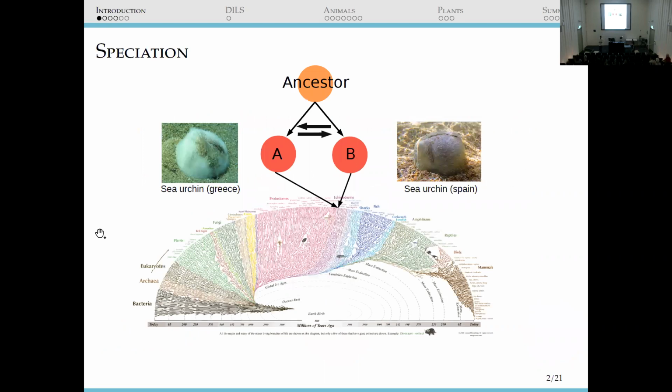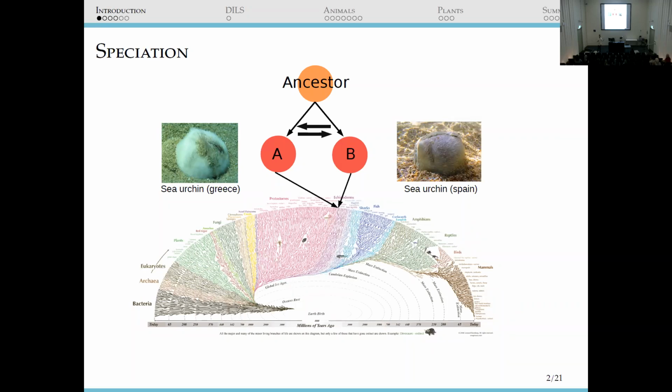I will not do a big introduction about speciation because it's quite a complicated process, but some generalities. One of the biggest generalities, of course, is that we expect a general relationship between the age of the common ancestor of two lineages. So here you can see the tree of life.